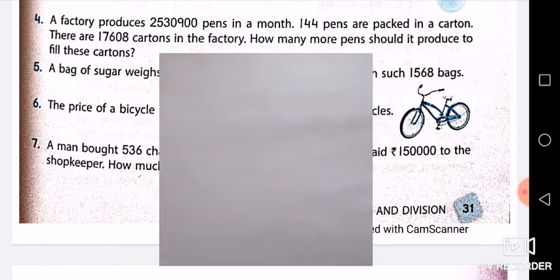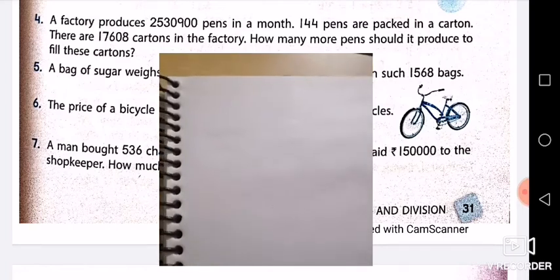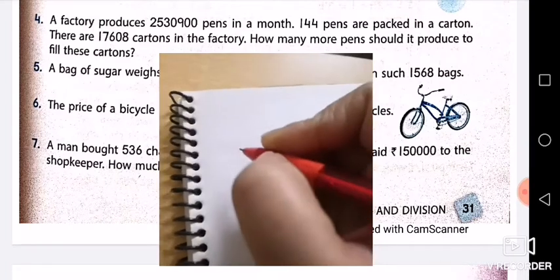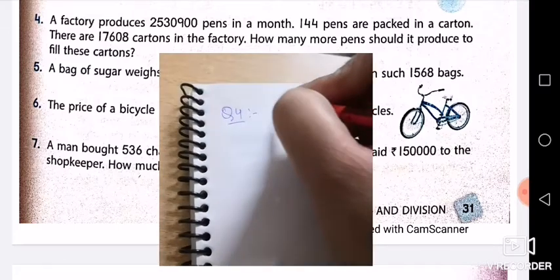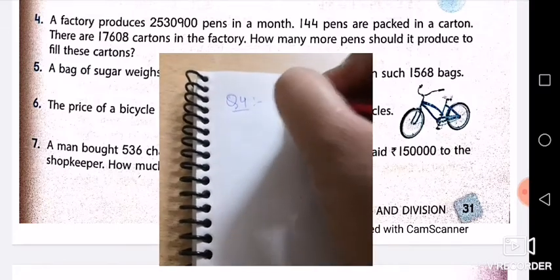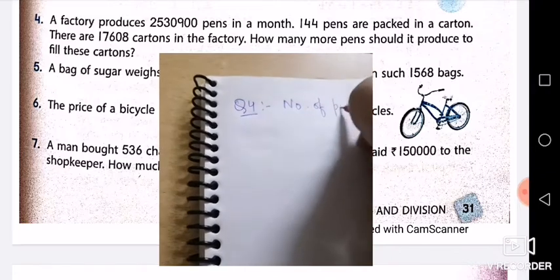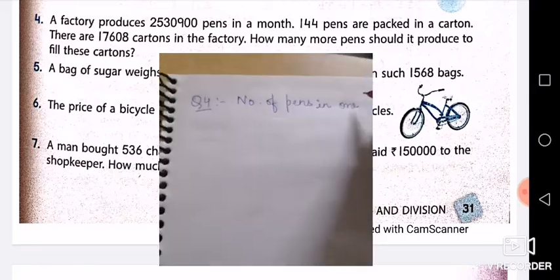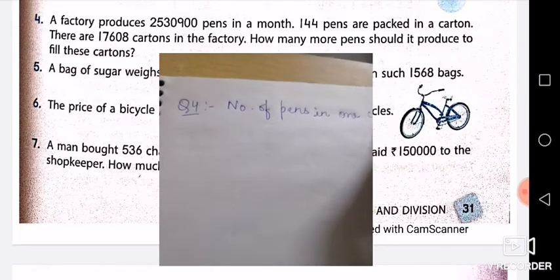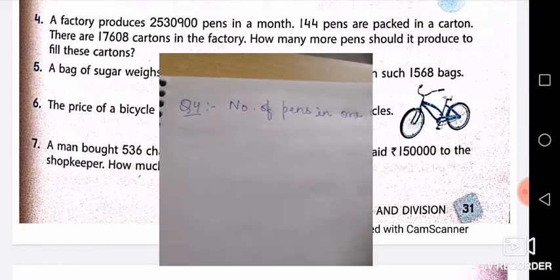Now, what is given here? Number of pens in one carton. You will tell me fast. One carton, how many pens are there?